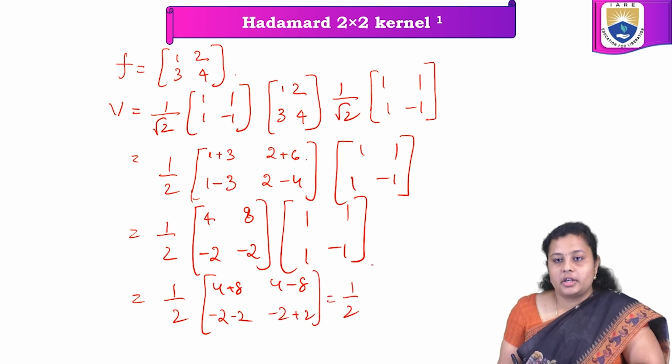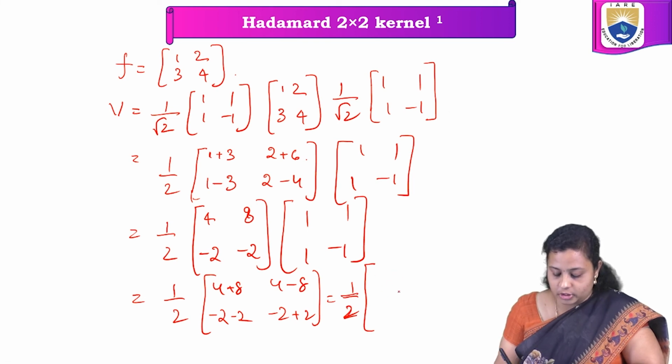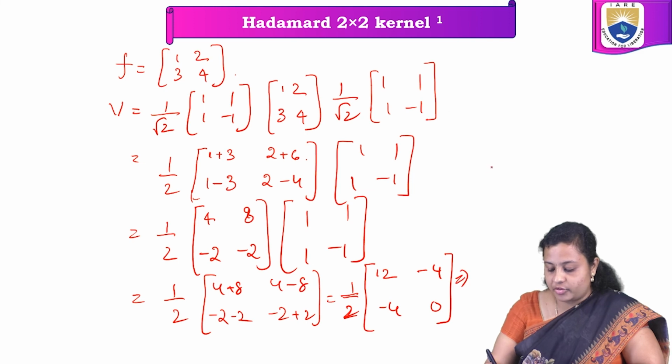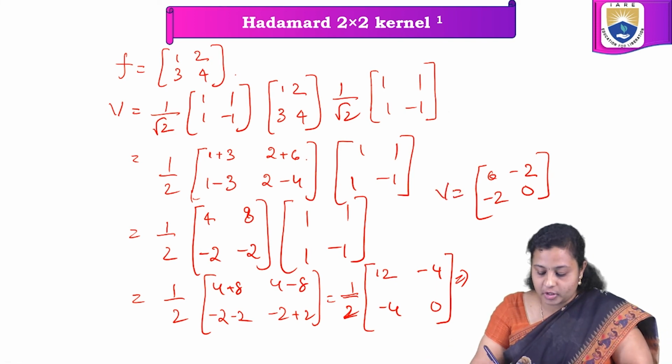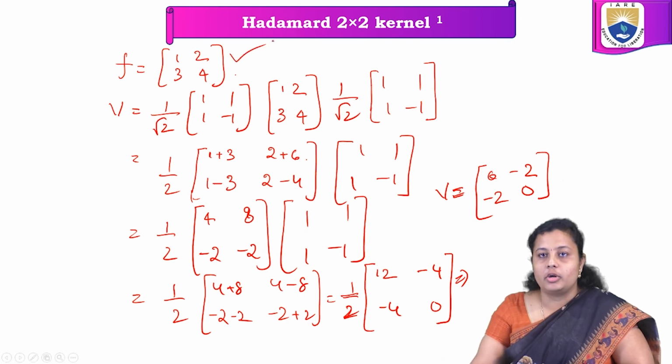So the transform is given by 1 by 2 into [12 minus 4; minus 4 and 0], right? Which we can further simplify as [6 minus 2; minus 2 0]. So this is my Hadamard transformed image of the input image f equal to [1 2; 3 4]. This is my output image.